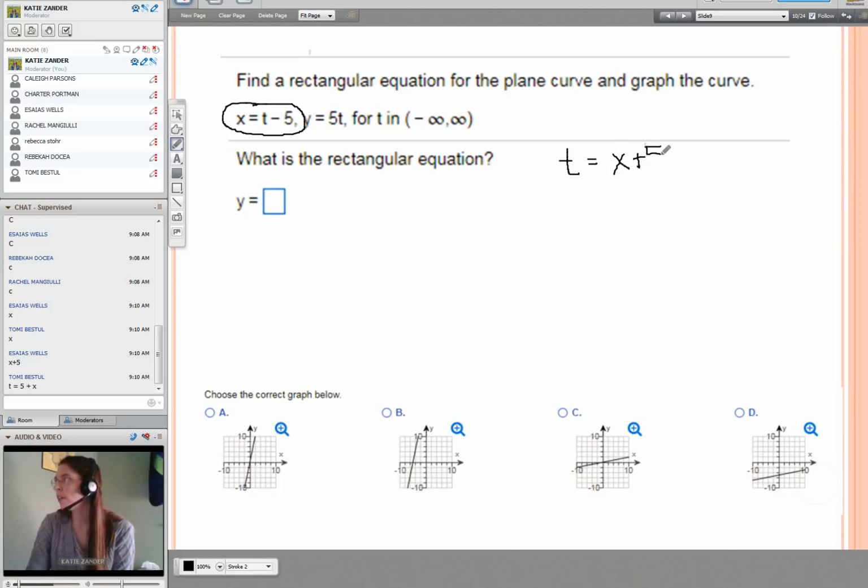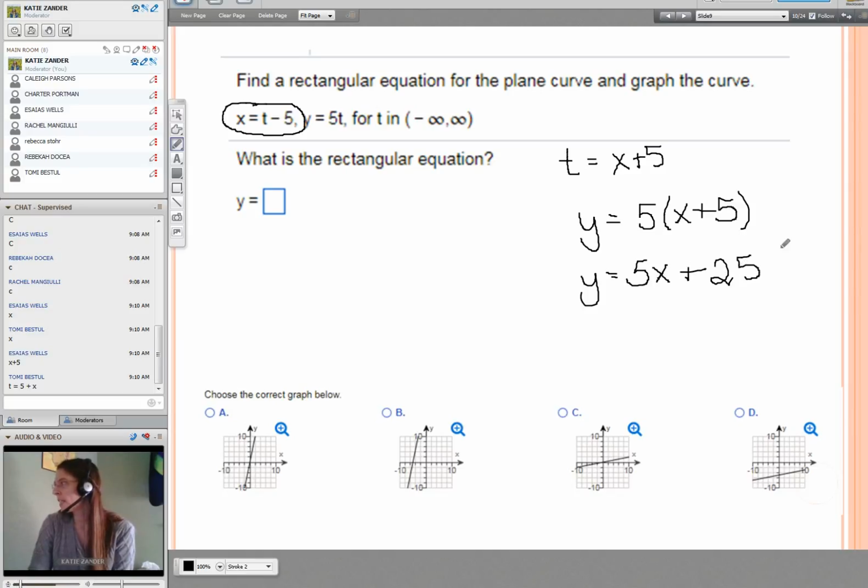Addition is commutative, so if you flip them around, that's okay. All right, then now that we have t, we use substitution into the y equation. Y equals 5 times x plus 5 now. So distributing that is going to be what, 5x plus 25.